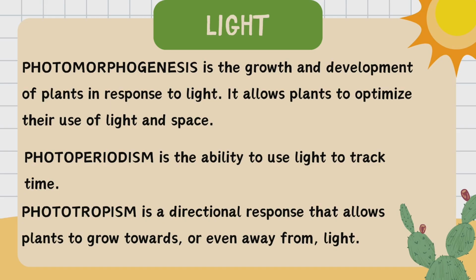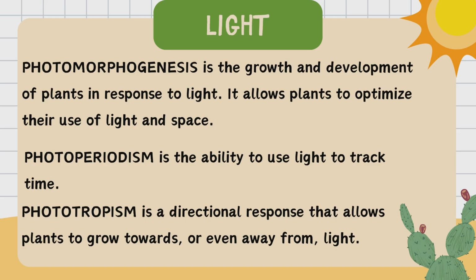So lastly, phototropism. Phototropism is also controlled by plant cells that can sense light, especially those in the shoot tip and stem. It also contains photoreceptor proteins called phototropins that detect the direction of light.